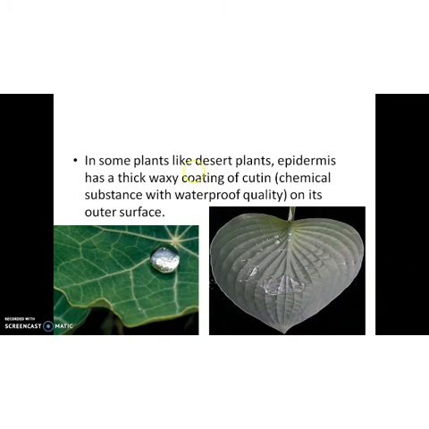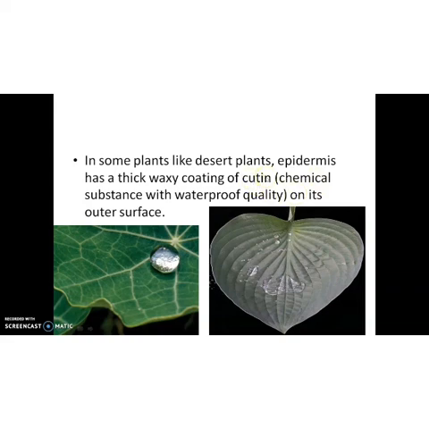Then, in some plants like desert plants, the epidermis has a thick waxy coating of cutin, a chemical substance with waterproof quality. What is cutin? It is a chemical substance with waterproof quality seen on the outer surface of plants like desert plants.